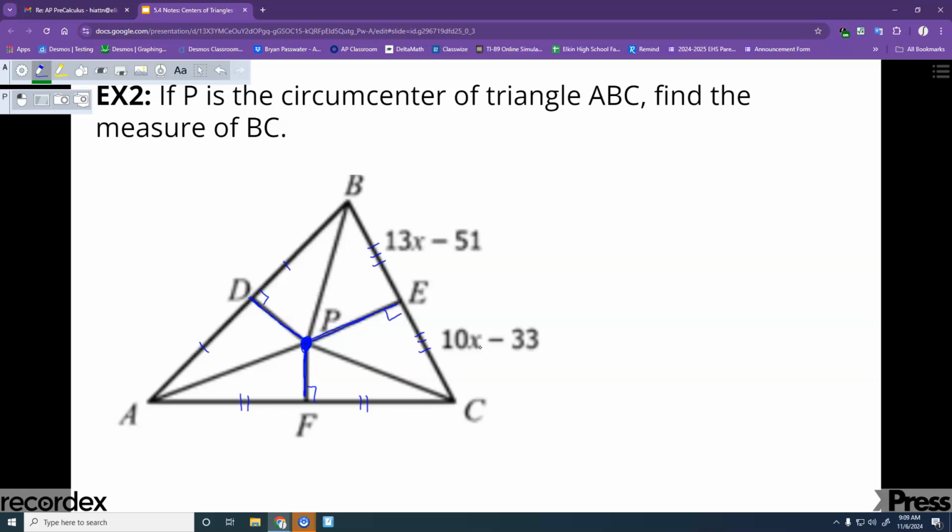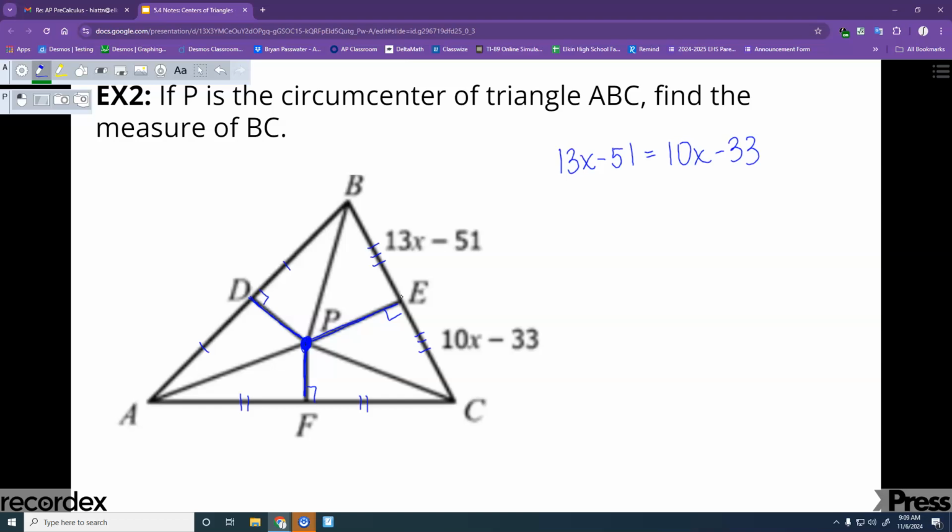Right. So, what do we know about the length of BE and CE? They're the same, which means I should be able to say 13x minus 51 equals 10x minus 33. Right? I could say those two things are equal because since this is a circumcenter, those are perpendicular bisectors.